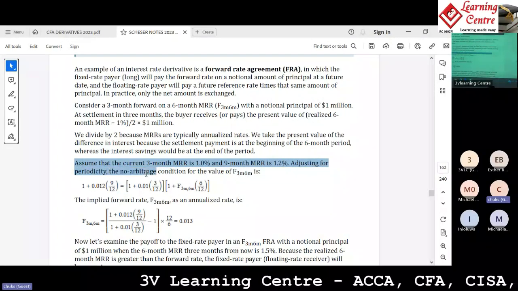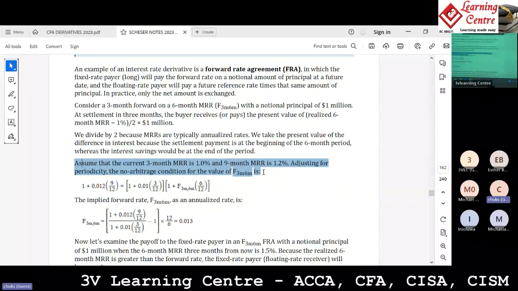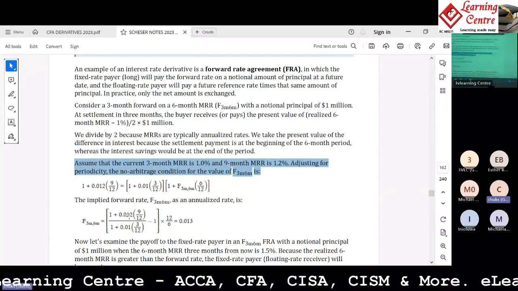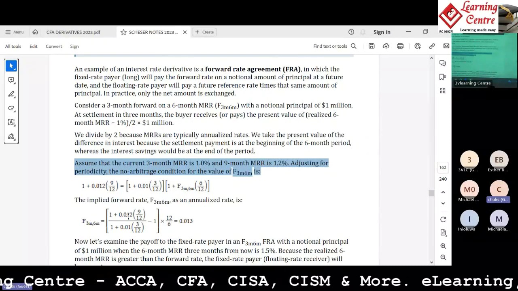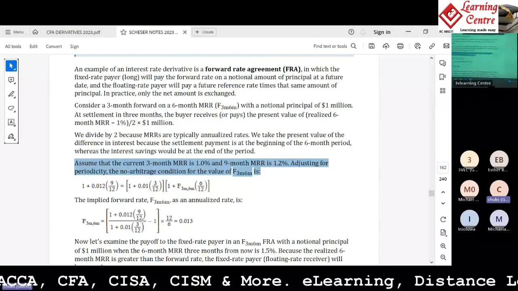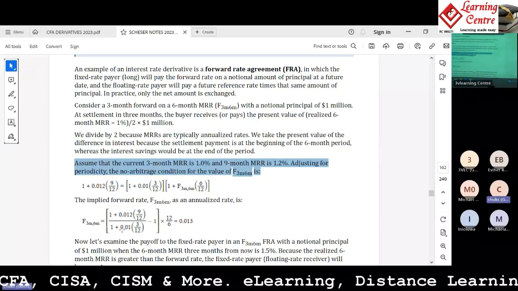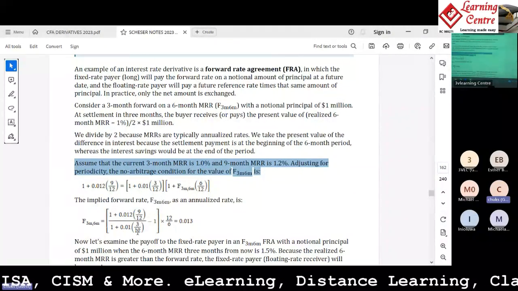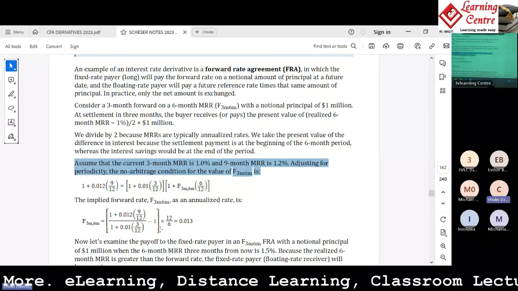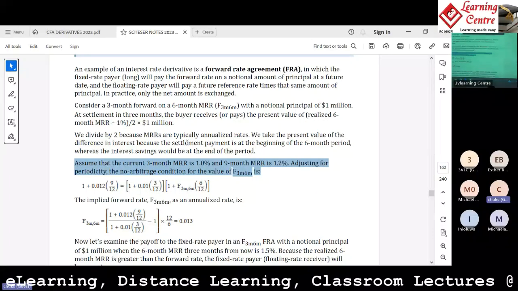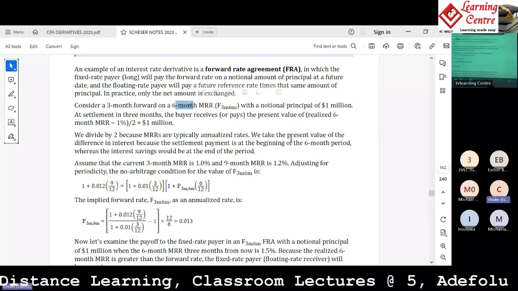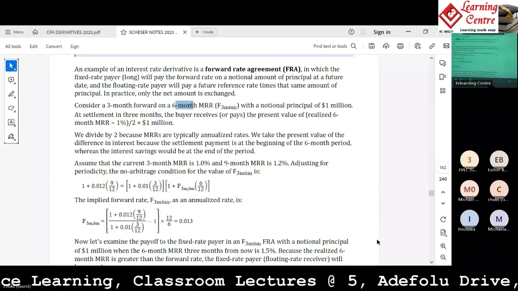Adjusting for periodicity, the no arbitrage condition for the value is, so which is this 1 plus the 1.2% for the period, which is 9/12, divided by the 1 plus 1% for the period, which is 3/12, minus 1, then times the 12 and the 6 months period, basically, since it's half of the period. Okay.